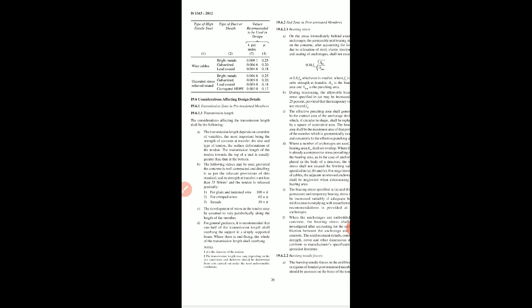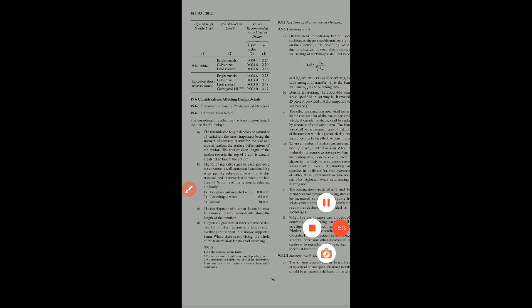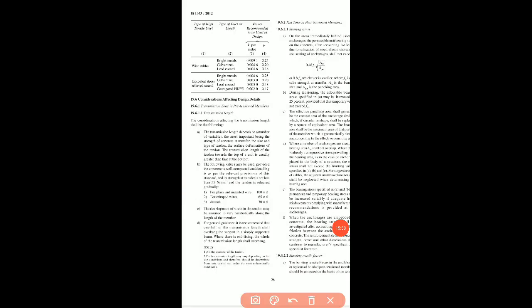What I have told will be covered in this part. The transmission length depends upon a number of variables, the most important being strength of concrete at transfer, the size and type of tendon, and the surface deformations of the tendon.